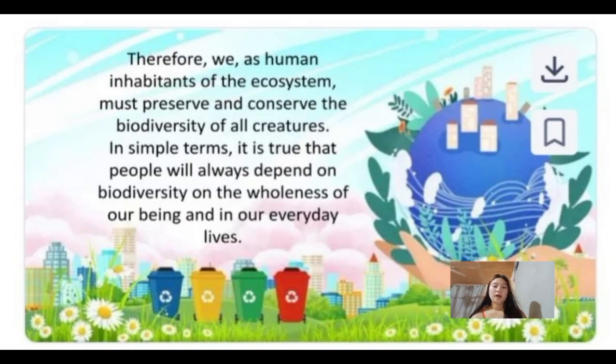Therefore, as human inhabitants of an ecosystem, we must preserve and conserve biodiversity.